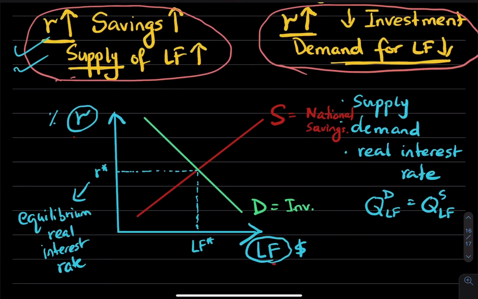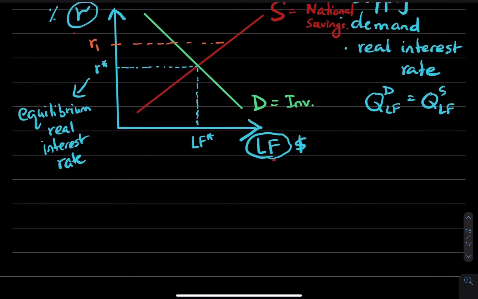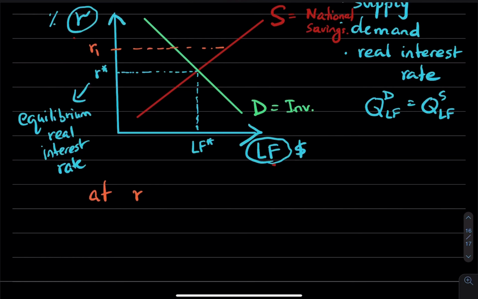So if we were at a point that was somewhere here, which is R1, at R1, notice, the quantity demanded of loanable funds is less than the quantity supplied of loanable funds. And you can see this by just dropping a vertical line down here.